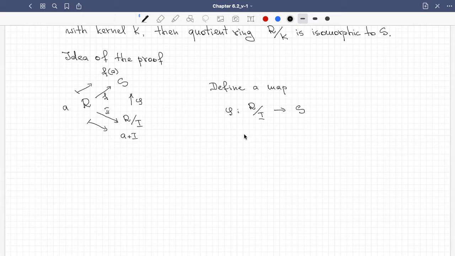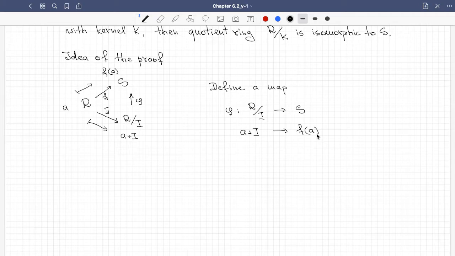The definition is very, very simple. We have no choice. We have element A here, the corresponding coset here, and the corresponding element F of A here. So we map this one to that one to make it all consistent. So we map A plus I, a coset, to F of A.